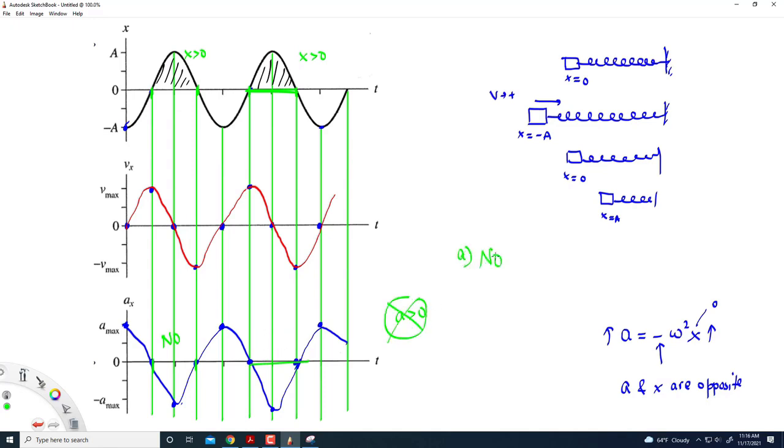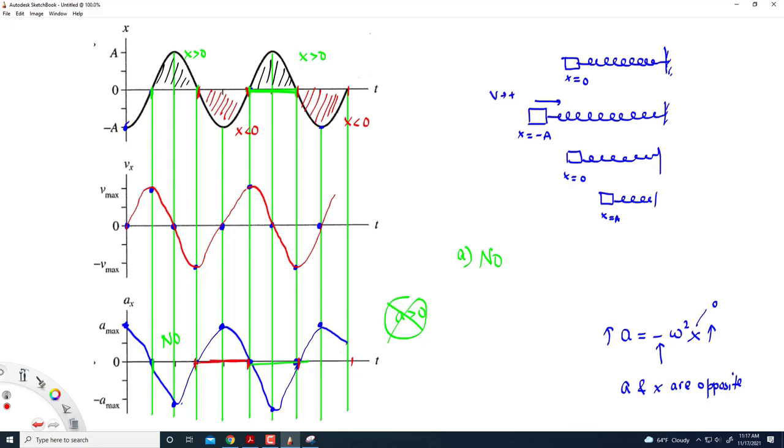Likewise, for part B, when x is less than 0, which part is x less than 0? So this part is x less than 0. It's on the bottom, so x is less than 0. This part is also x less than 0. It's on the bottom part. So for this time duration, go down here, it's asking, is a ever less than 0?